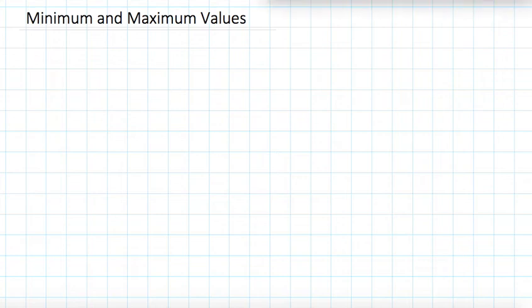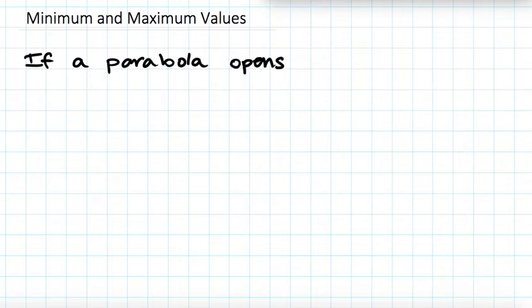In this video, we're going to see how to find the minimum or maximum value of a quadratic equation. If a parabola opens up, then it's going to have a minimum value or a lowest point.